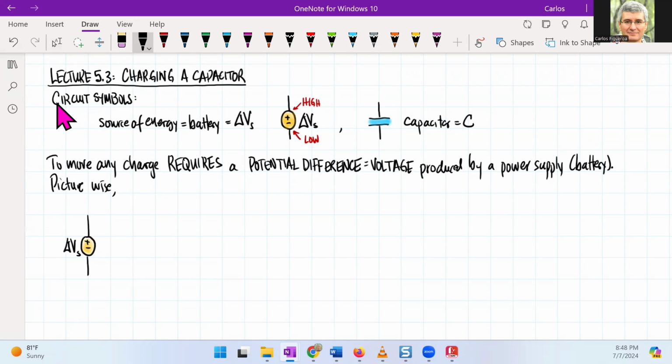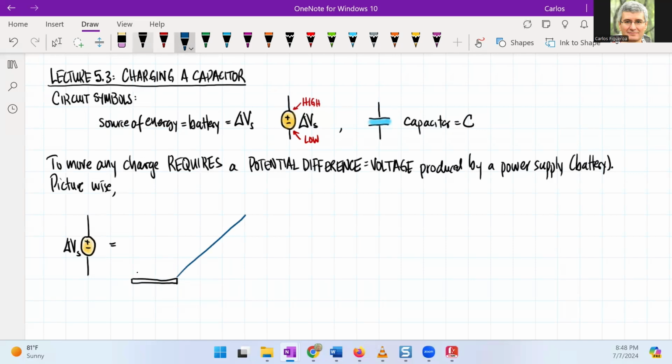So what do we mean by voltage to the circuit? What we mean here is that it supplies an incline. And so I'm going to say that this is my incline that looks something like this.